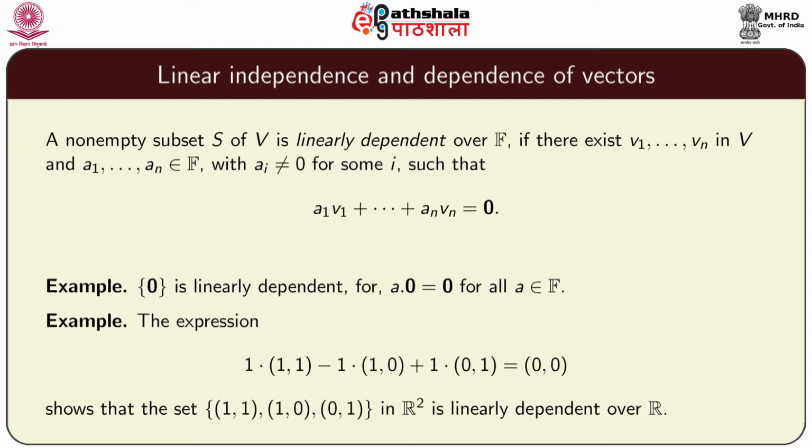One more example where the vector space is R2 over the field of real numbers. If you look at the expression 1 dot (1,1) minus 1 dot (1,0) minus 1 dot (0,1) is equal to (0,0). So, you see a non-trivial linear combination giving rise to the 0 vector, and therefore, the set of vectors consisting of (1,1), (1,0) and (0,1) in R2 is linearly dependent over the real field.